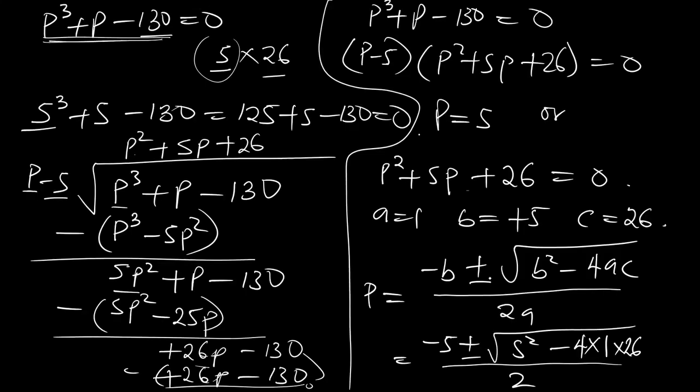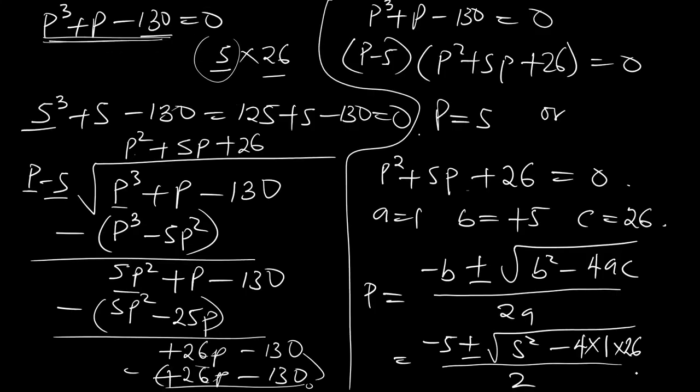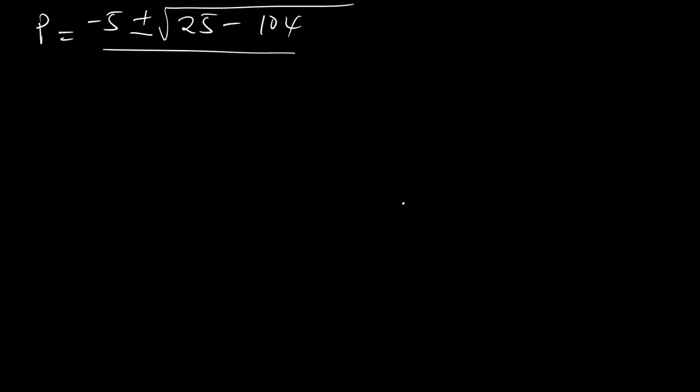So that means your p will be equal to minus 5 plus or minus the square root of 25 minus 4 times 26, which is 104, divided by 2.